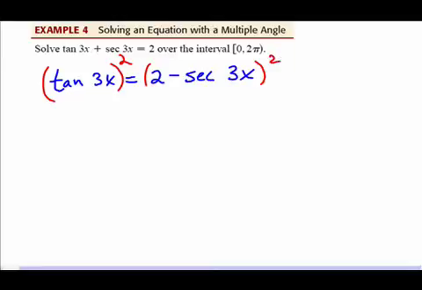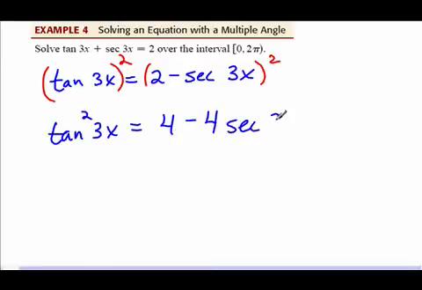Square the left-hand side, all we get is tangent squared 3x. And on the right-hand side, we're squaring a binomial. So square the first term, multiply the 2 together and double it, and square the last term, we get positive secant squared 3x.